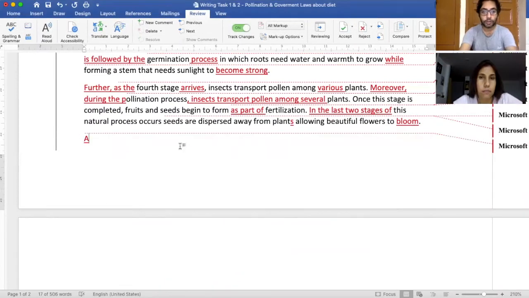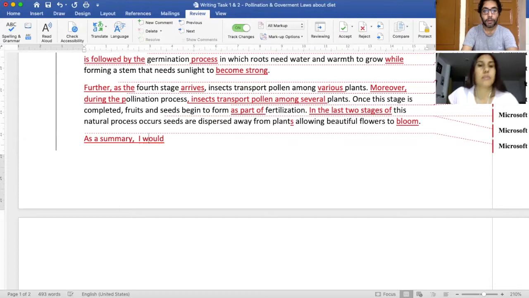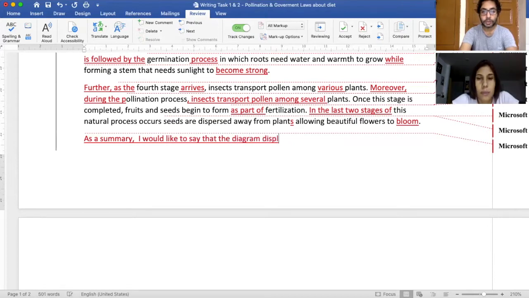Or you can say as a conclusion, I would like to say, or as a summary, that the diagram displays the amazing life cycle of flowering plants.